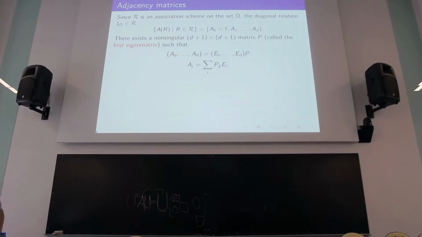In other words, a more straightforward way of expressing this linear relation is that the jth adjacency matrix is a linear combination of these, whose coefficients are just the jth column of P, that is P_ij, where the sum is for i from 0 to D. That's the linear combination. So primitive idempotents are a basis, so you can express the adjacency matrix in terms of primitive idempotents.